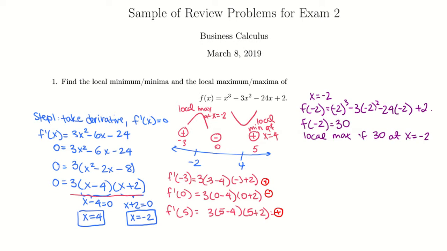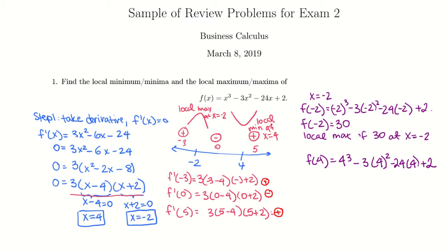Now we plug in 4 to the original function. F of 4 is 4 to the third minus 3 times 4 squared minus 24 times 4 plus 2.